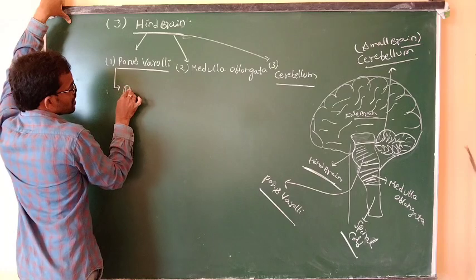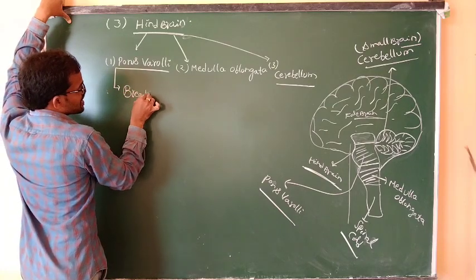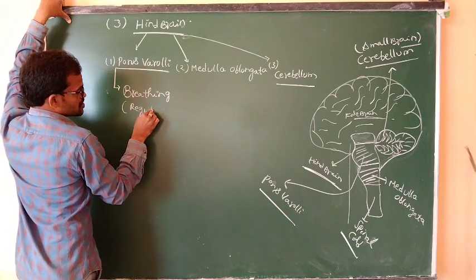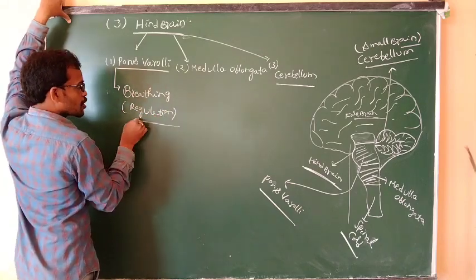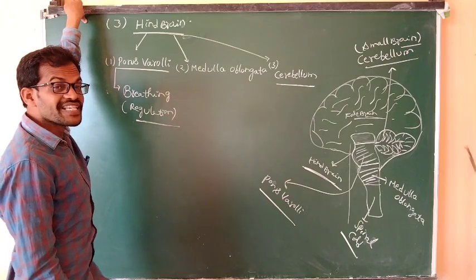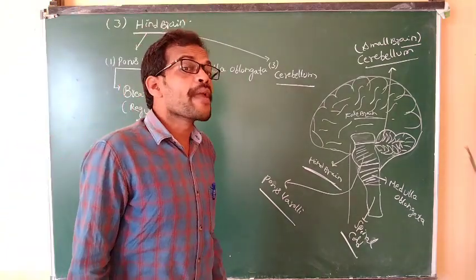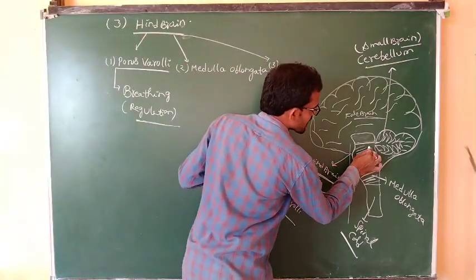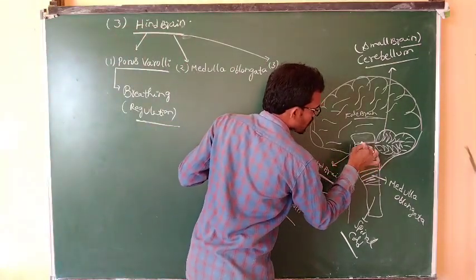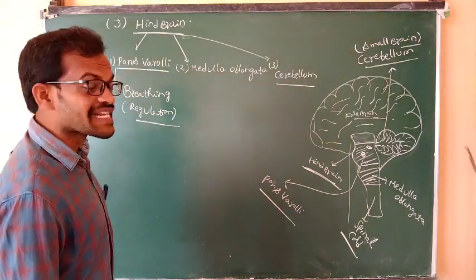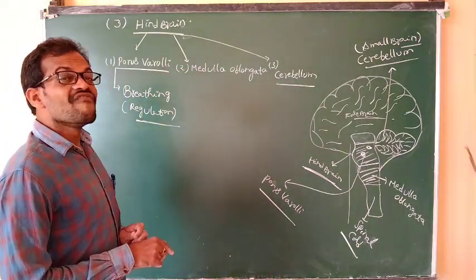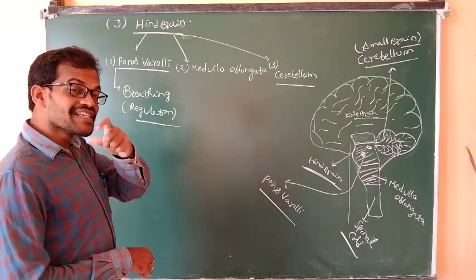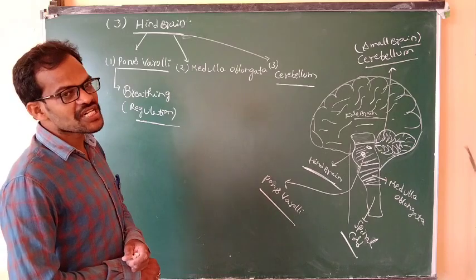Breathing regulation means inspiration and expiration. Here are the apneustic center, pneumotaxic center, inspiratory center, expiratory center, dorsal center, ventral center. The pons varolii controls these centers.